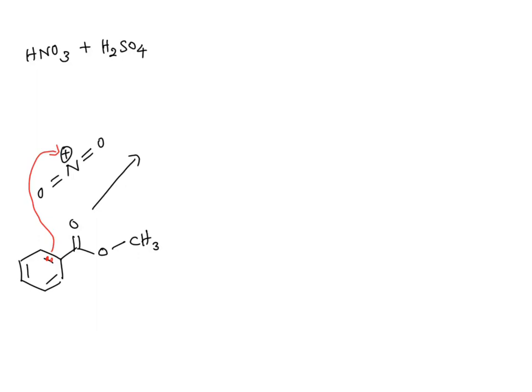you get an intermediate with a positive charge on this carbon. Let's see, H3 here. If you put the NO2 there, the positive charge will be on this carbon, which is not good. Why?